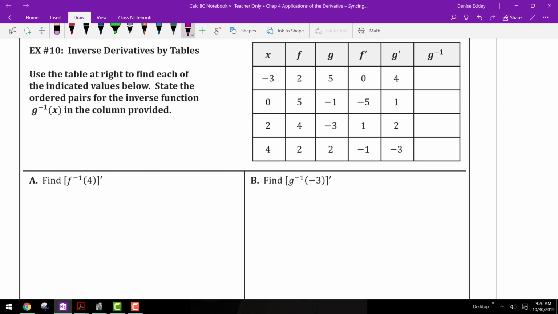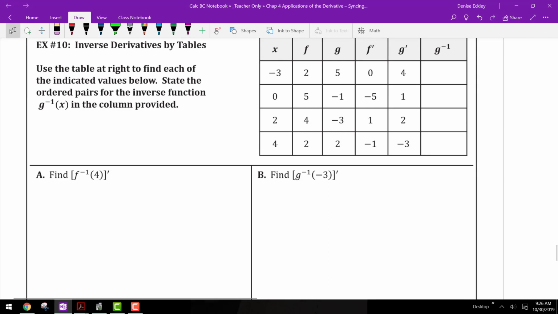So what we're going to do is switch our x and our g to give us our g inverse points. Now understand that f and g aren't inverses of each other. They each have their own inverse here. I'm sorry, let me take that back. f prime is the derivative. g and g inverse are the inverses.